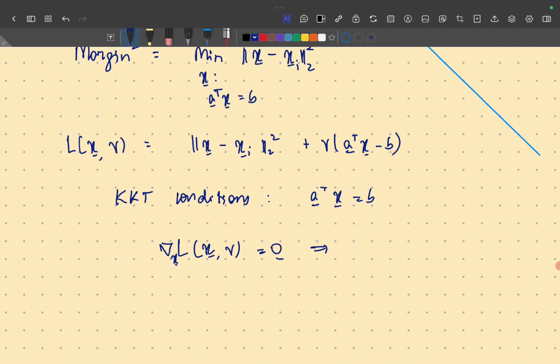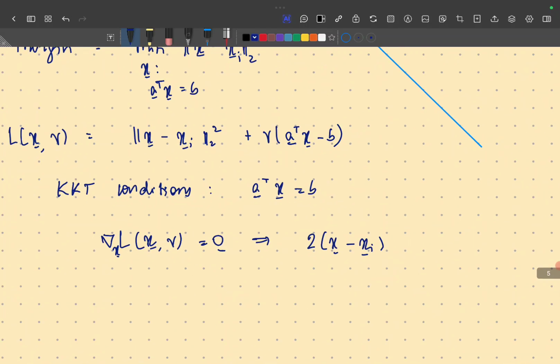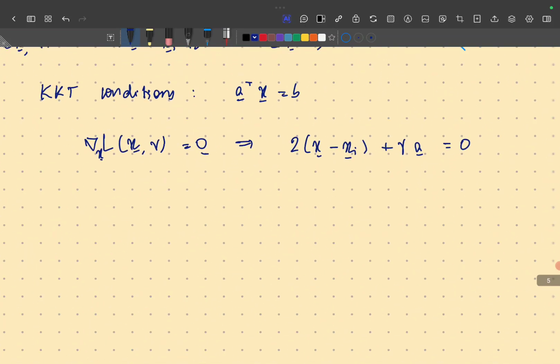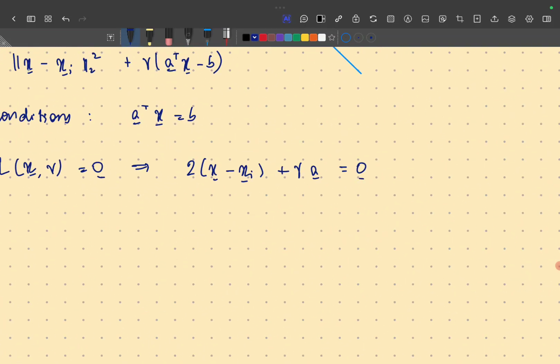Yes. So 2 times (x minus xi) plus nu times A should be equal to 0, right?